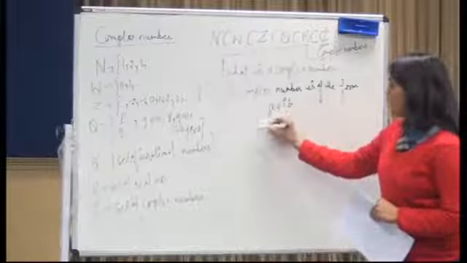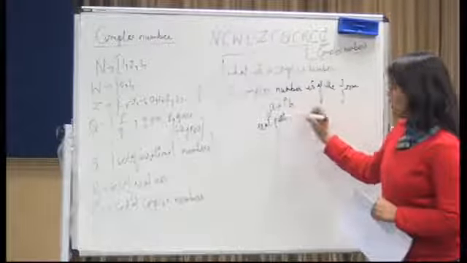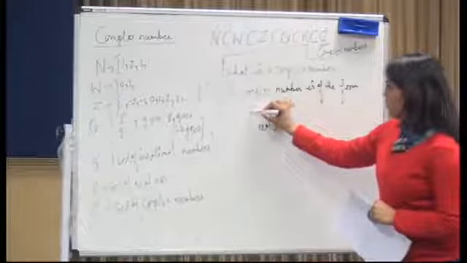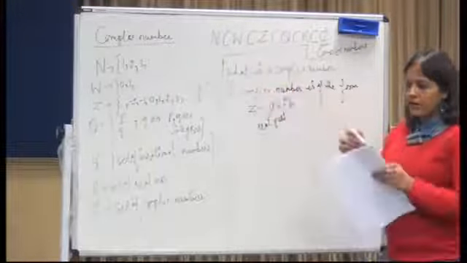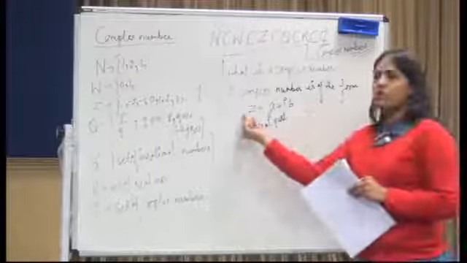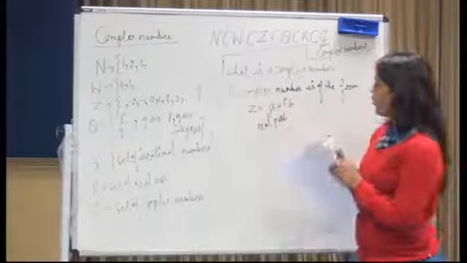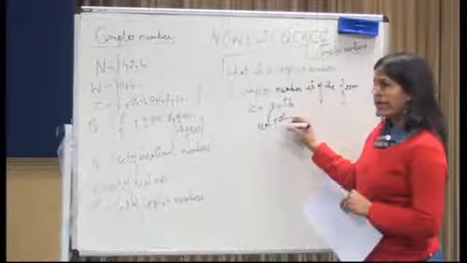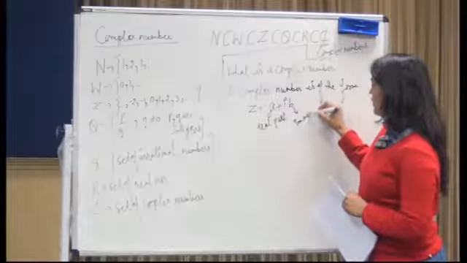This part is called the real part, and we denote complex numbers by z. Generally, like in real numbers we use x, but in complex numbers we use the symbol z for any complex number. This is basically the standard one. So a is the real part of this complex number and b is the imaginary part.